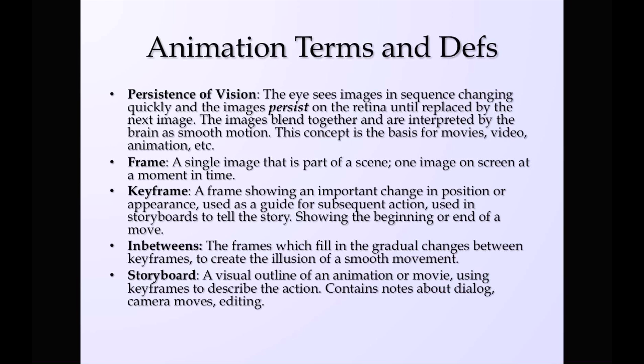A frame is a single image that is part of a scene, one image on screen at a moment in time. A keyframe is a frame showing an important change in position or appearance, used as a guide for subsequent action, used in storyboards to tell the story, showing the beginning or end of a move.